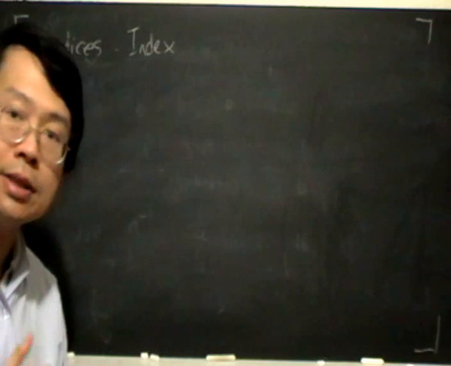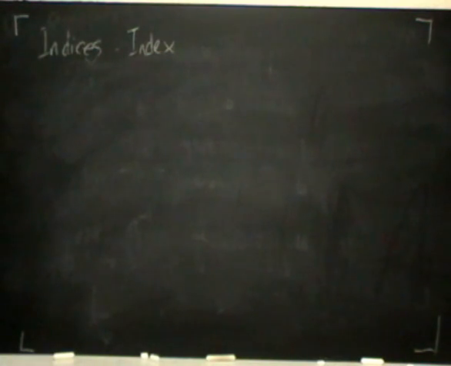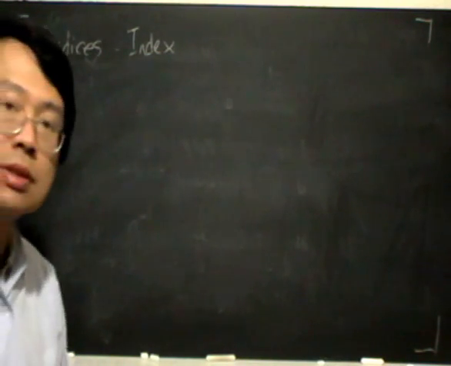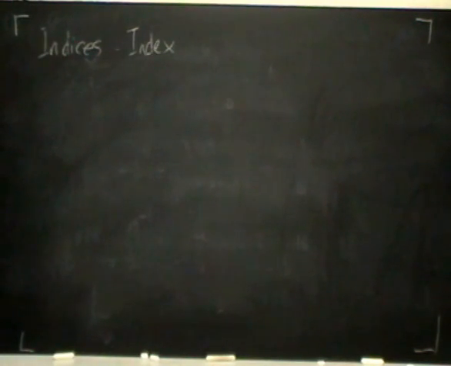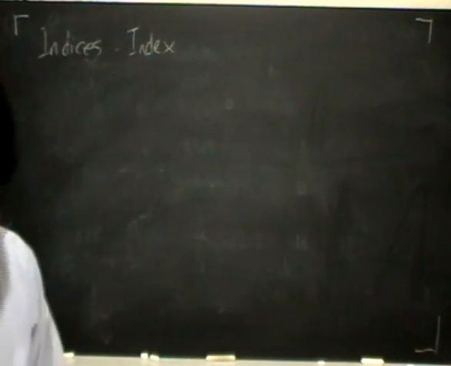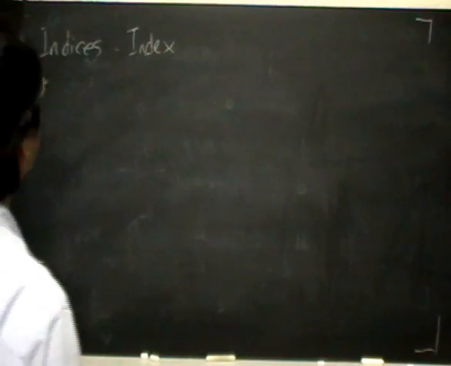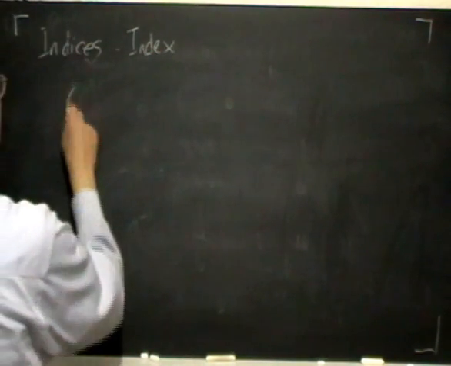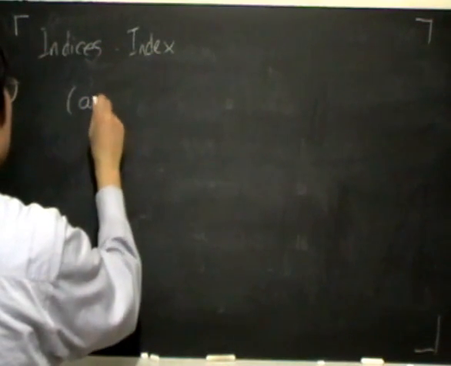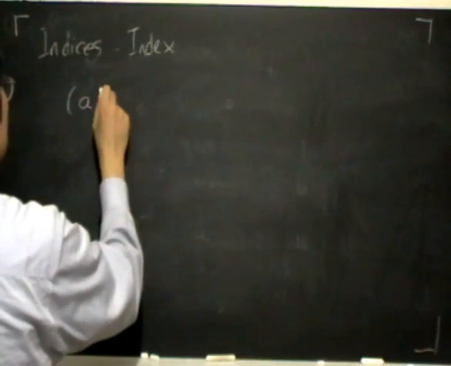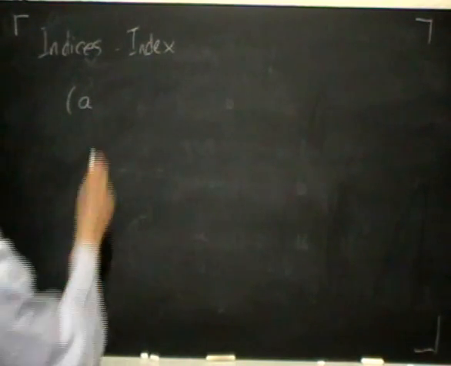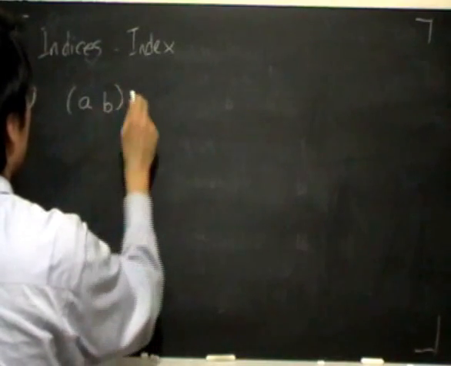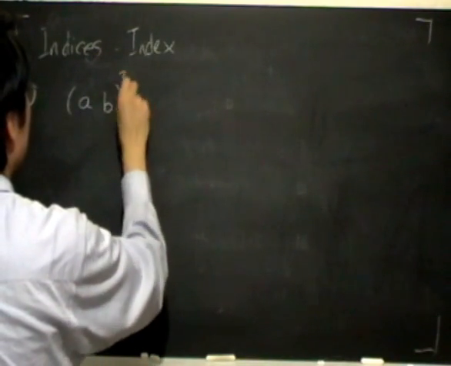Alright, so let's now move on to something slightly more complicated. Okay, let's think about a times b, in brackets, to the power of 3.